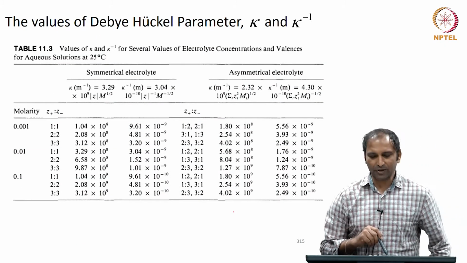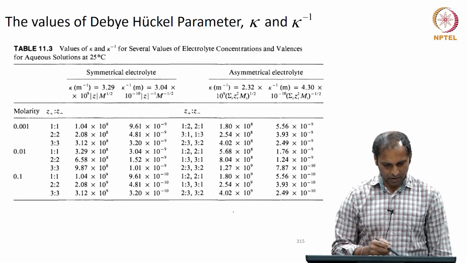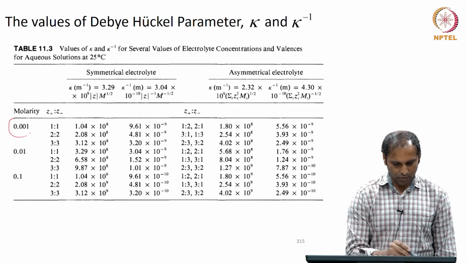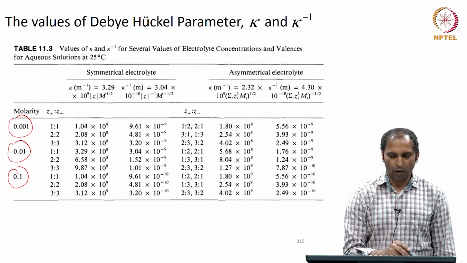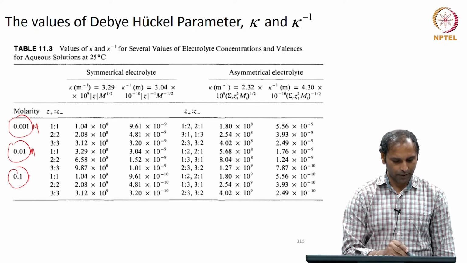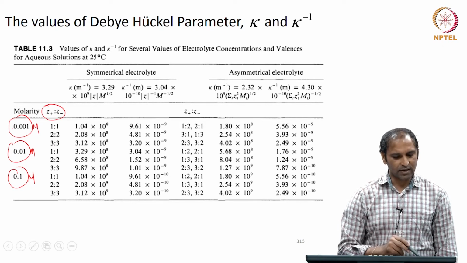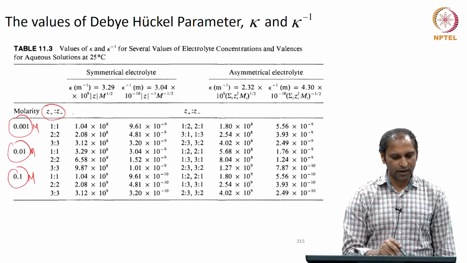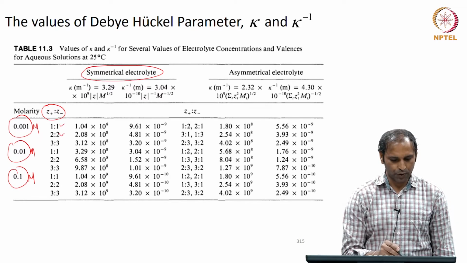So, these are some typical values. This is a table that I have taken from the book. This is the molarity of the salt: different salt concentrations, 0.001 molar, 0.01 molar, 0.1 molar. This is for Z:Z symmetric electrolytes, 1:1, 2:2, 3:3.